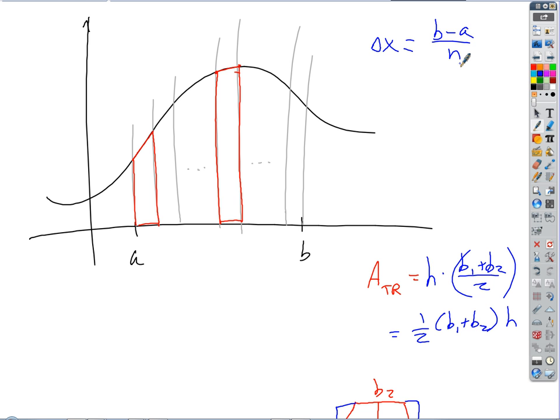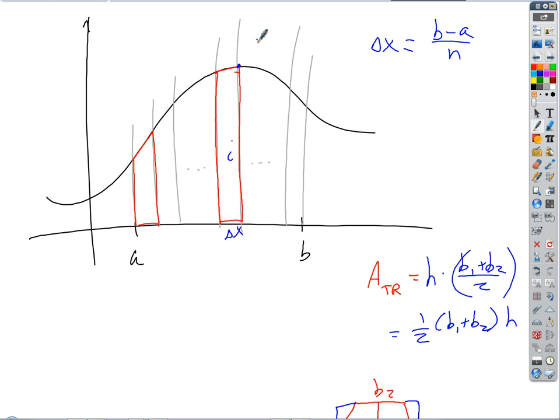So if I go out to the ith subinterval, well, that's delta x. What's going to be the height right there? It's determined by the value of the function on the right side, isn't it?